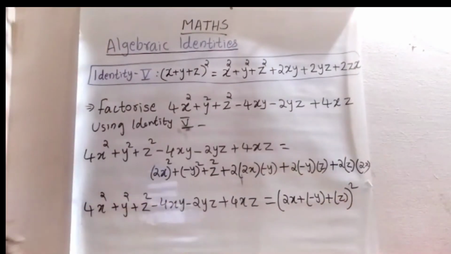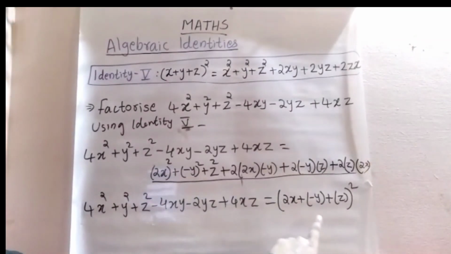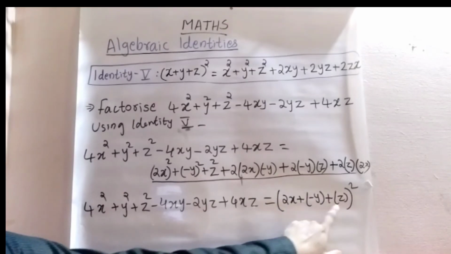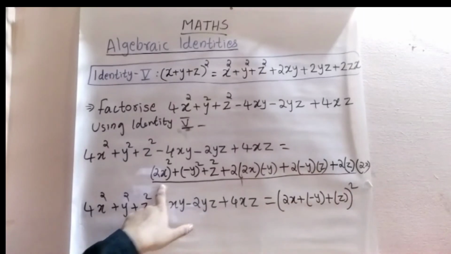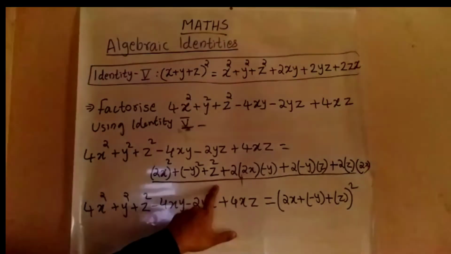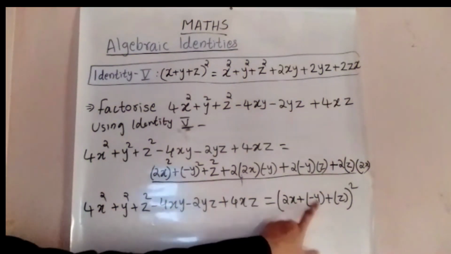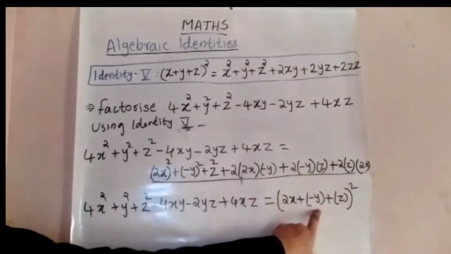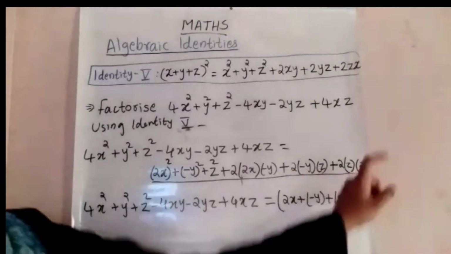This term is the expanded form of this one. Let's check: (2x plus y plus z) whole square gives (2x) whole square, minus y square, plus z square, and then 2xy plus 2yz plus 2zx.